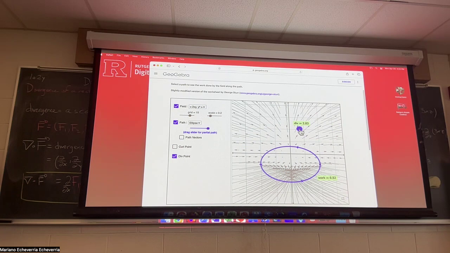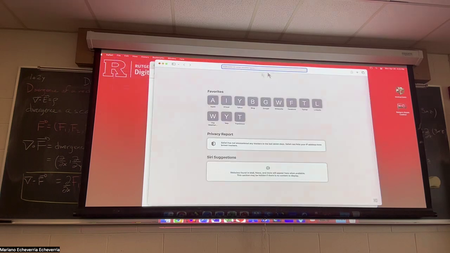For example, this is a good segue to the Maxwell equations. One of the Maxwell equations is essentially that. I think we can go there to open them.